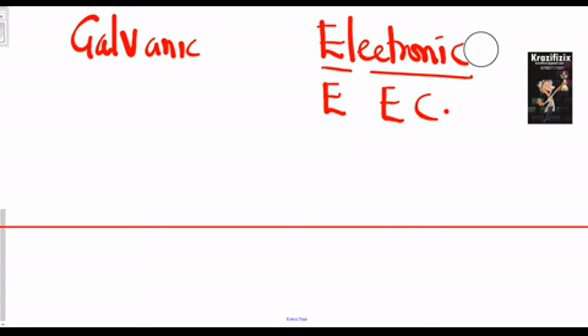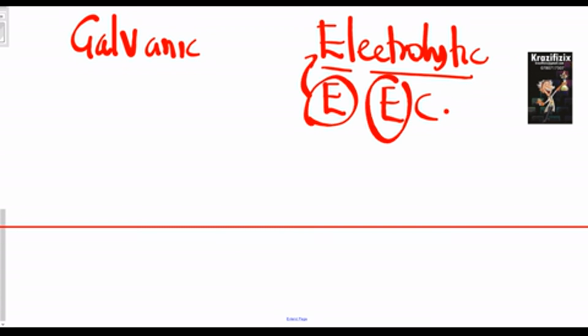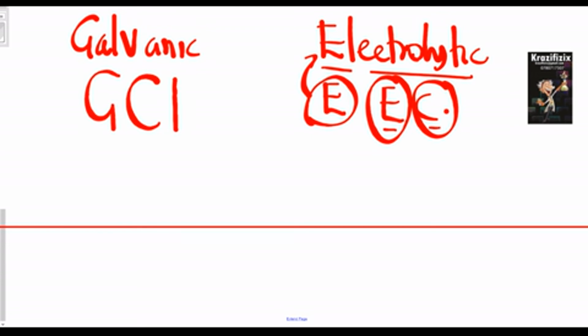EEC. This simply tells me that this is electrolytic. My electrolytic cell converts electrical energy to chemical, while a galvanic cell does the opposite, converting chemical to electrical.